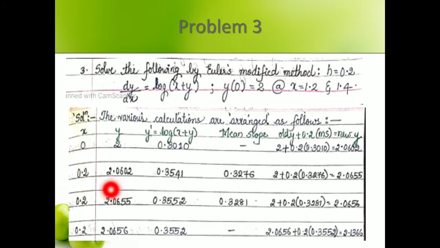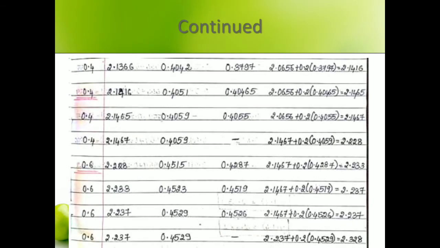That is 0.4. So initially for 0.2, 2.0656, your y dash value is 0.3552, new y value will be 2.1366. You can change the iteration by taking 0.4 now.